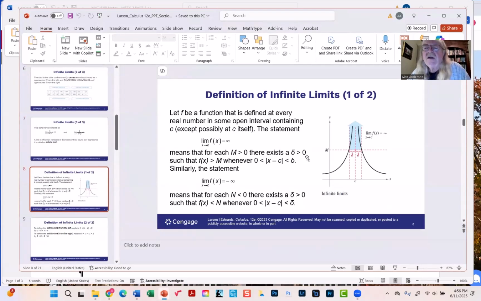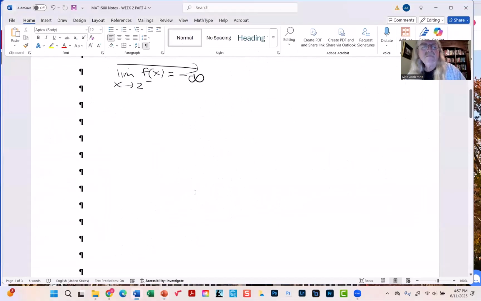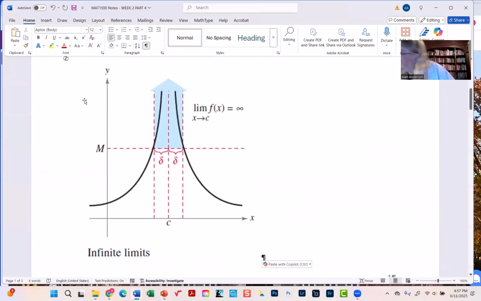All right, so now here, it's a little bit different. Whatever this function is, here's our c. Actually, let me copy this so we can see it better. As x approaches c from the left, clearly the function is increasing without bound, and so the limit would be infinity.